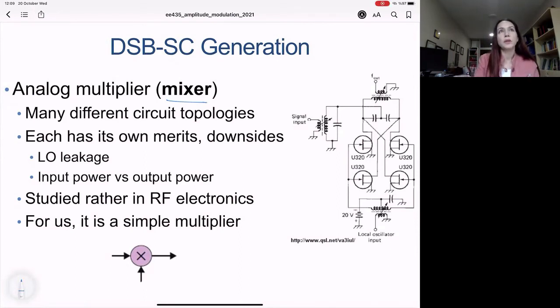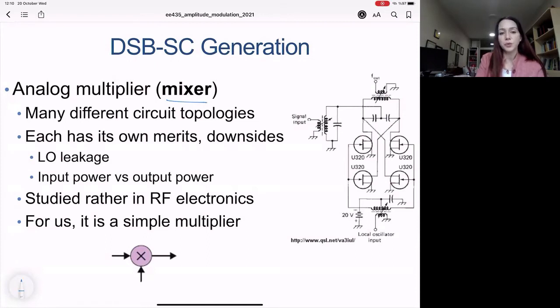We will consider these merits and downsides a little bit when we come to more advanced chapters throughout this course. However, they will never be our focus because they are studied in RF electronics, which is outside the focus of this course. Those of you who are interested, I recommend you read on those or take a class on those.